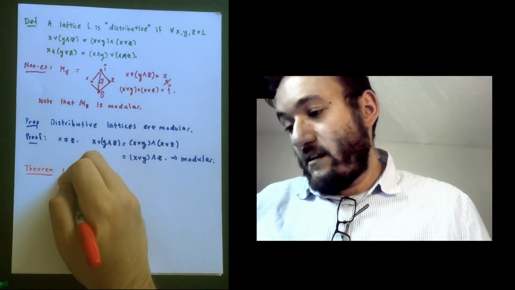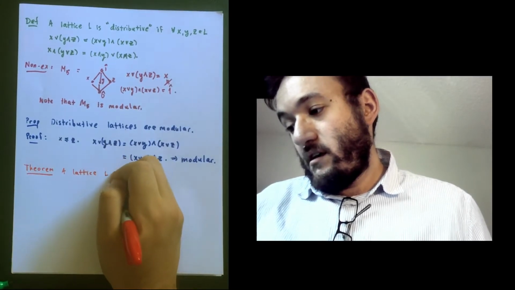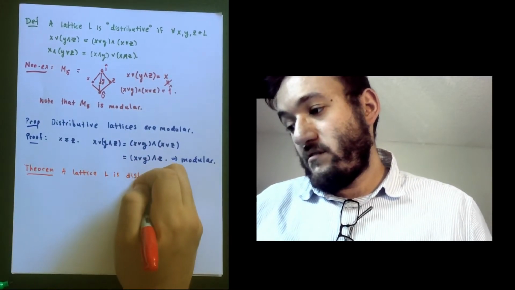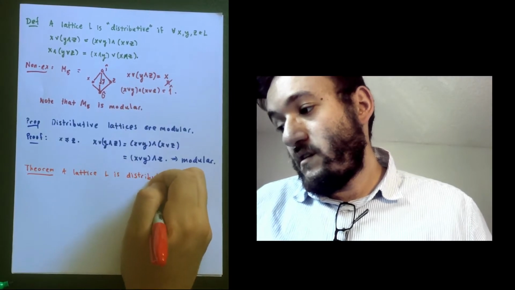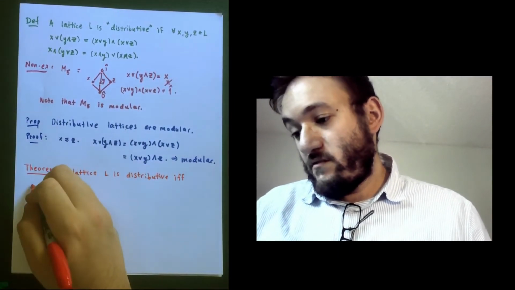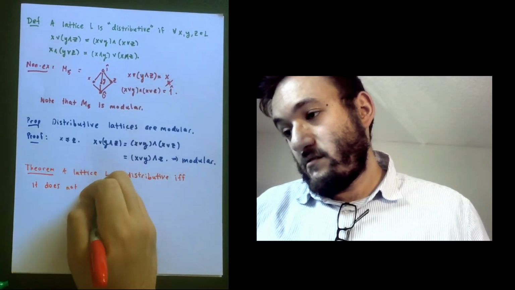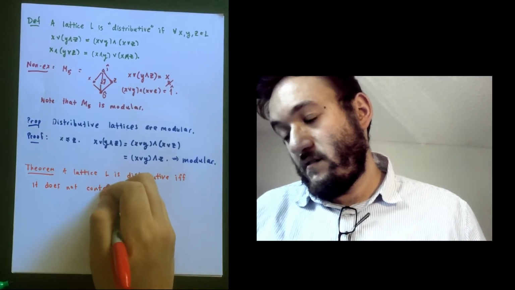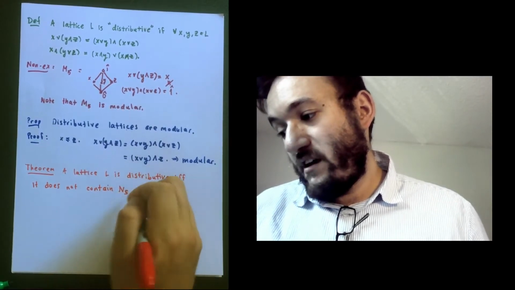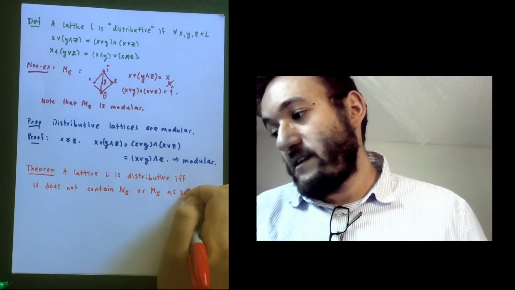So we can say that a lattice L is distributive if and only if it does not contain N5 or M5 as sublattices.